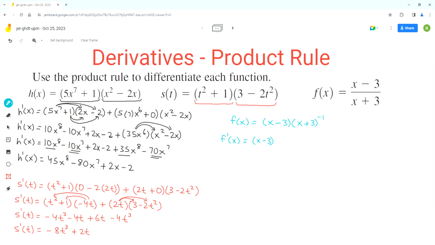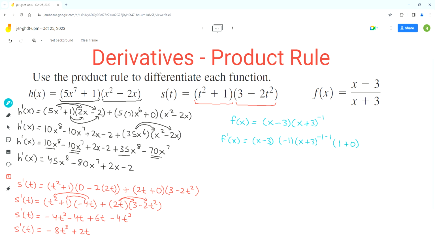So here we'll start with the power rule. So we'll multiply by negative 1 and then x plus 3 and we'll subtract 1 from negative 1, times now the derivative of the inner function. So the derivative of x plus 3 is 1 plus 0.